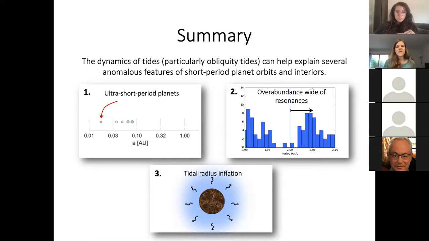So going forward, it should be really interesting to keep examining these architectures and better understand the dynamics and the diversity of these short period planets.